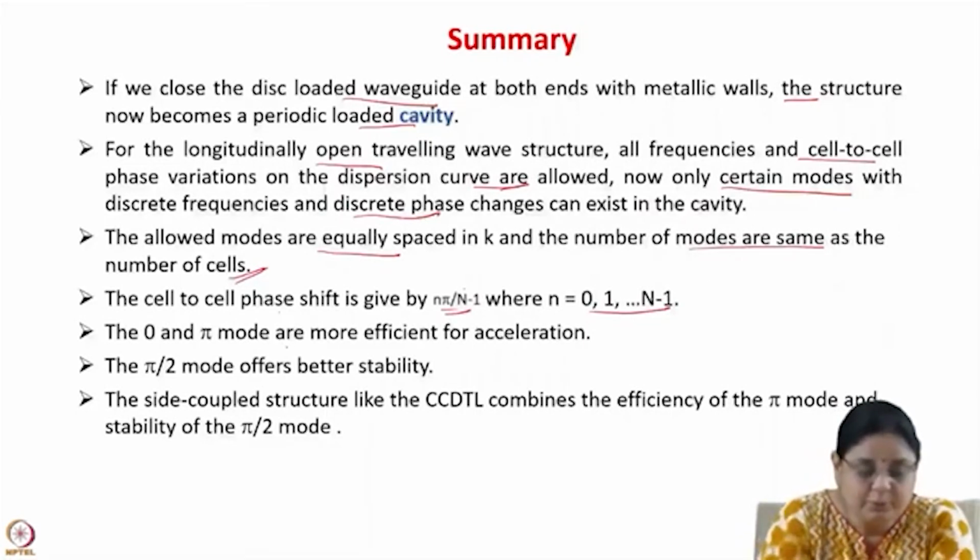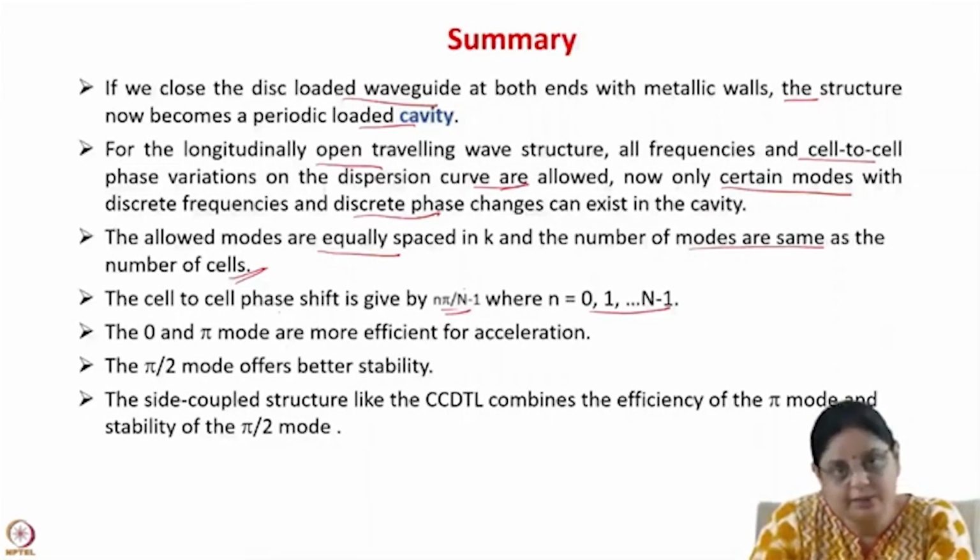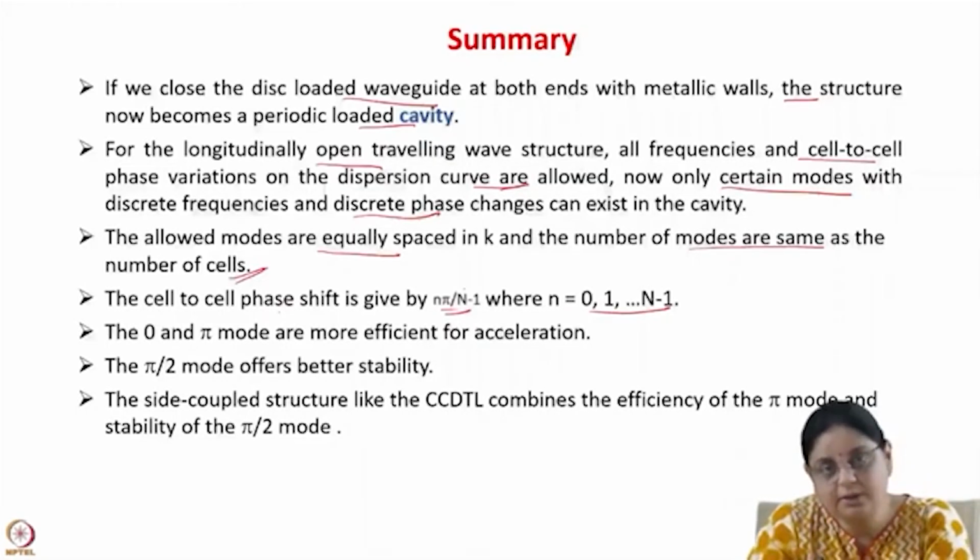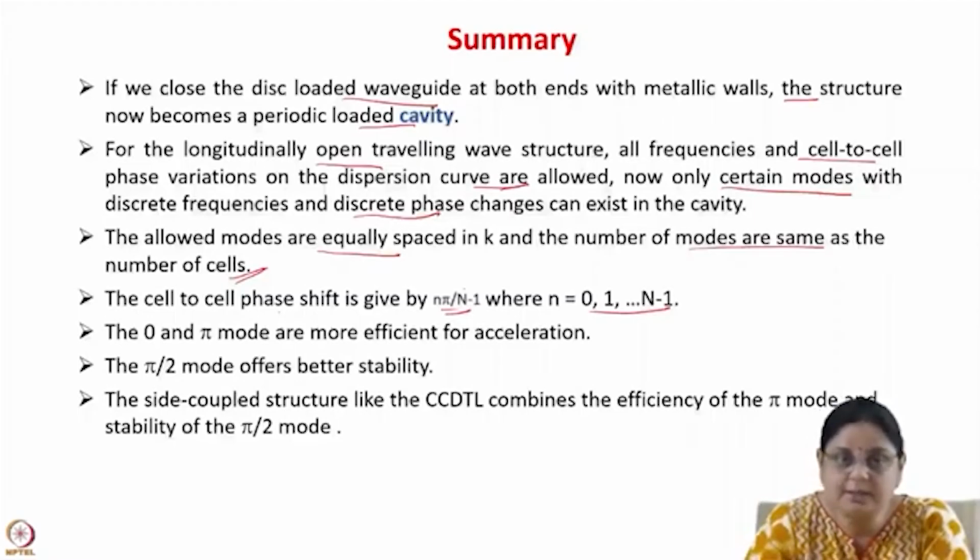The 0 and pi modes are more efficient for acceleration because in the 0 mode or pi mode, every cell has a field in the z direction which is used for acceleration. For the pi by 2 mode, every alternate cell is unexcited, or in other words, there is no Ez field. There is a field in the transverse direction only, so it will not help in acceleration.